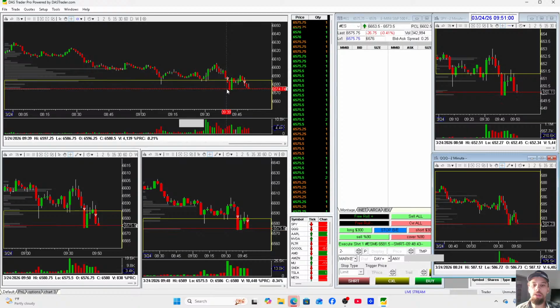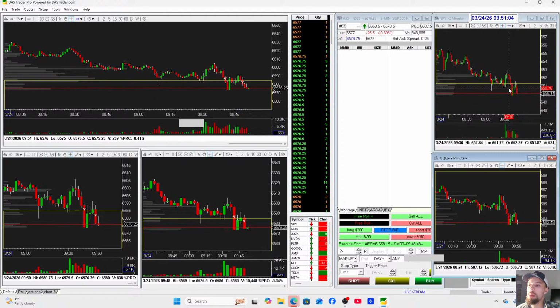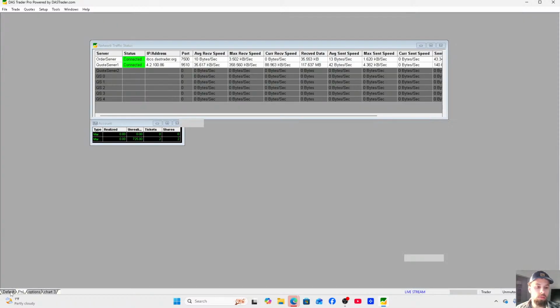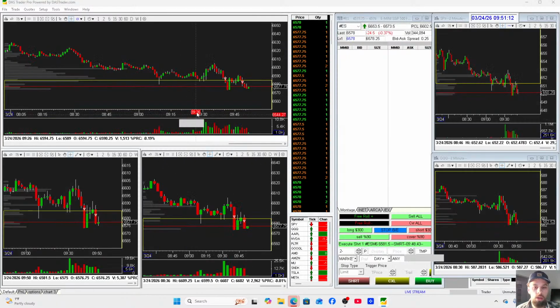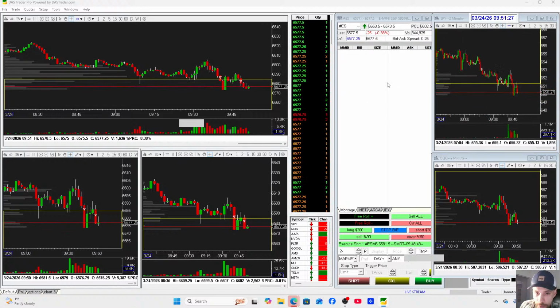It's 65.74. We're testing it now. So far we're up 7.25 on the day if we were to close. I'm looking for the break of this here. The overall sentiment seems weak. I don't want to close just yet.